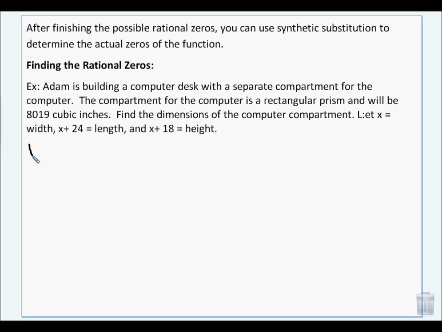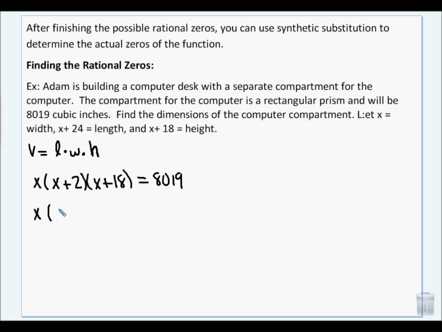And you know, the volume of a cube or rectangular prism is length times width times height, right? So length times width times height is going to give us this, and we want that to equal 8,019 cubic inches. So first I need to multiply all this back together.